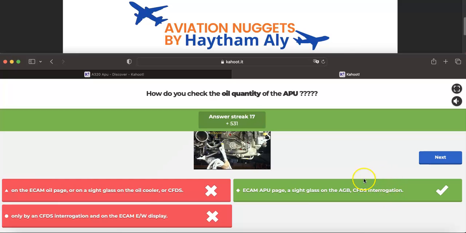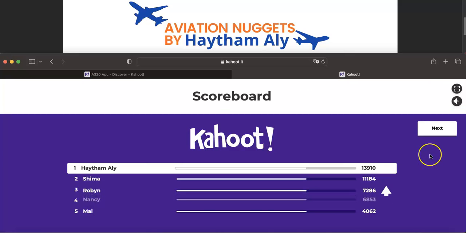So we have three ways to monitor the APU oil quantity. You need to remember that a low oil level advisory may come on the APU ECAM page, and the APU still has several hours of operation, even if this advisory comes on the APU ECAM page. Okay, everybody, let's proceed. Next question.